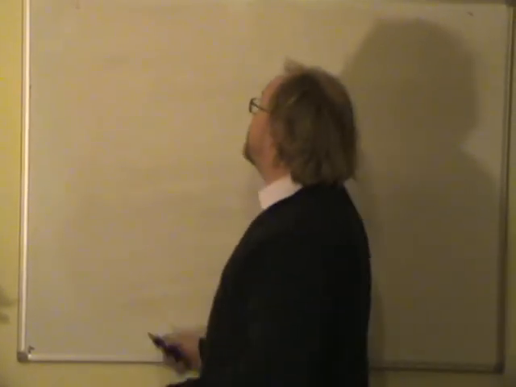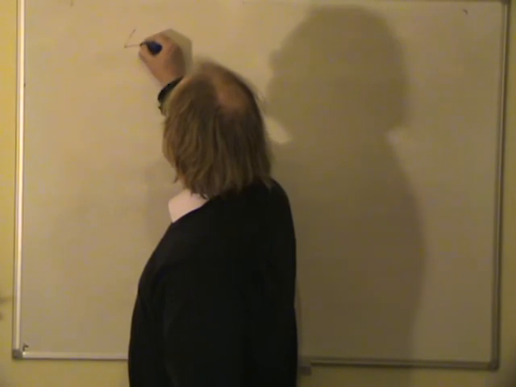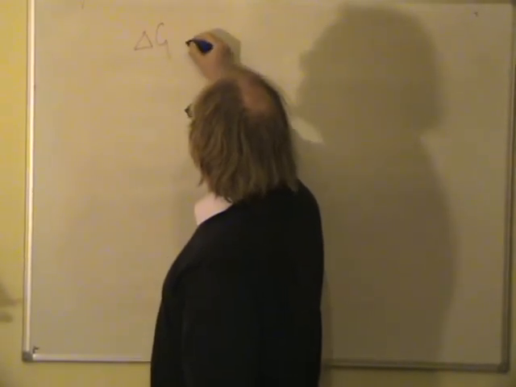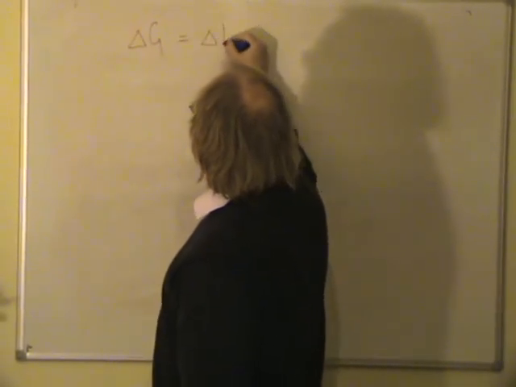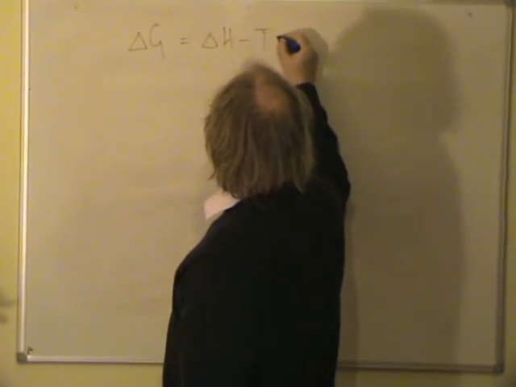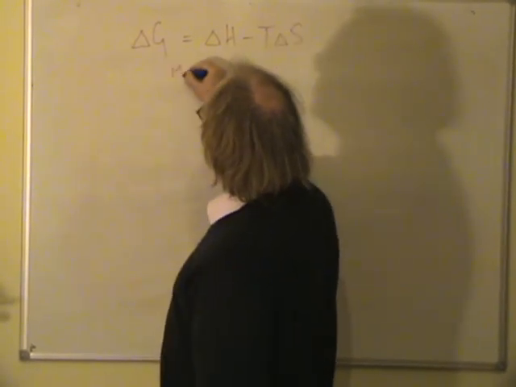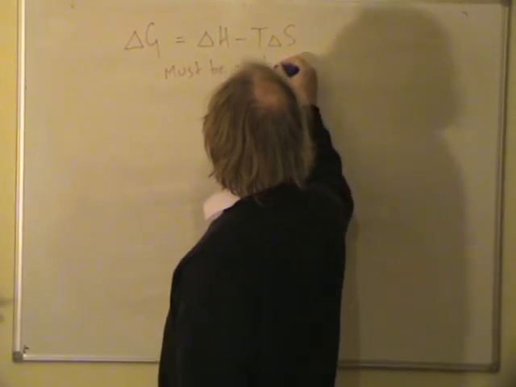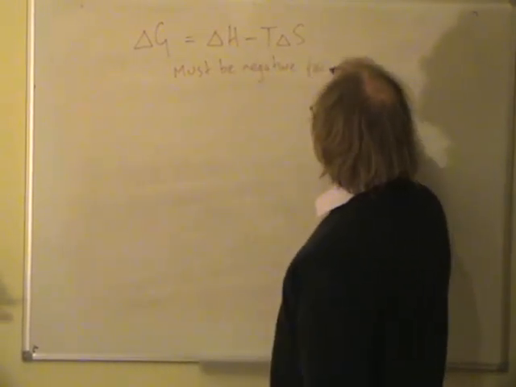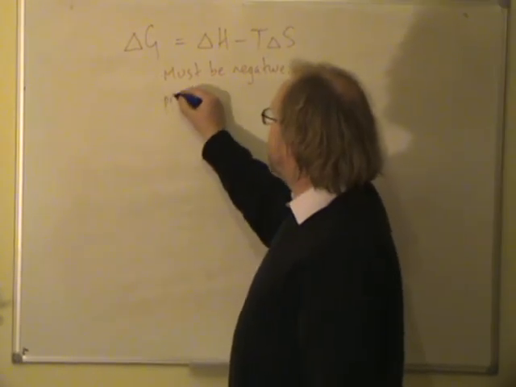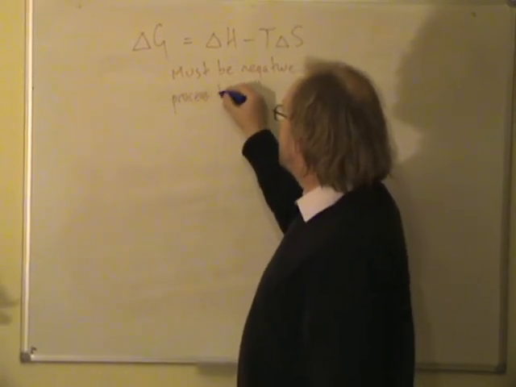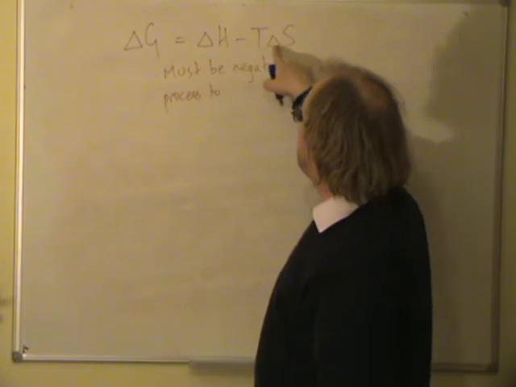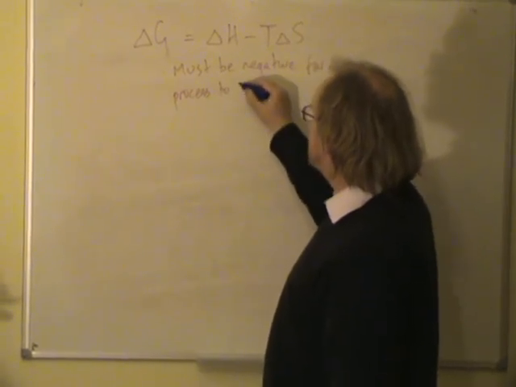It starts from the idea, remember, that in order for a reaction to be feasible, delta G, which is equal to delta H minus T delta S, must be negative for a process to be feasible. That's the key idea. So it doesn't just depend on delta H, it depends on delta S as well.